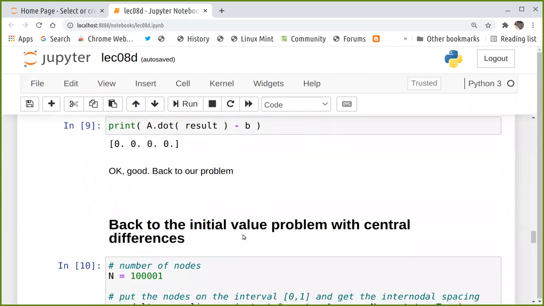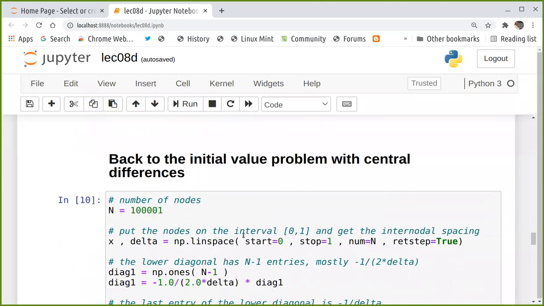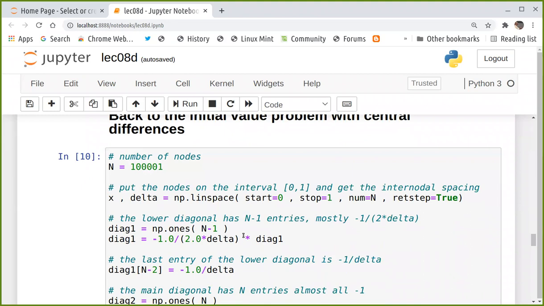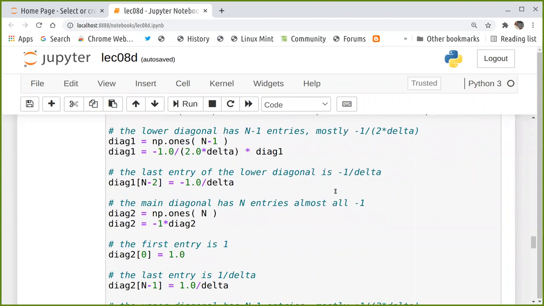All right, so now let's say I go back to the initial value problem as before, and we'll have n nodes. We'll make it a really large number of nodes. Then I construct the lower diagonal, which had entries that look like -1/2 delta, except for the last one that looked like -1 delta.